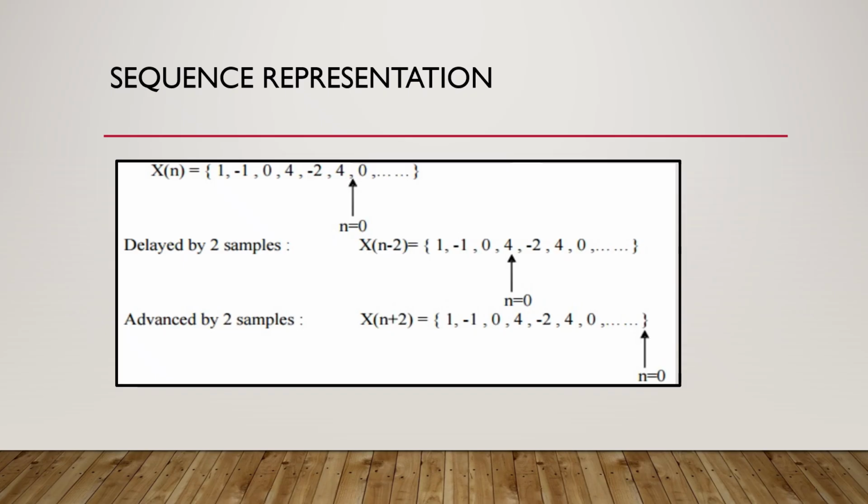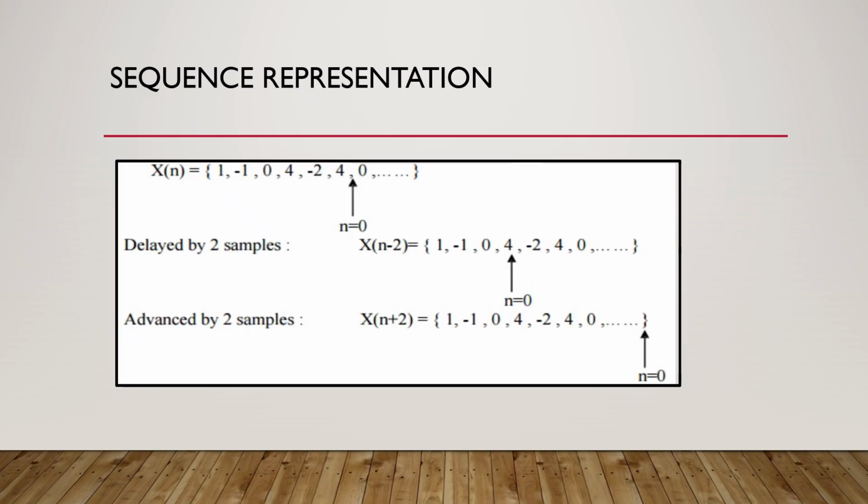Next is sequence representation. In sequence representation, we write everything in terms of sequences. Here x of n is equal to 1, minus 1, 0, 4, minus 2, 4, 0. The arrow specifies the 0th position, n equal to 0. If the arrow is not given, the first value is taken as the 0th value.